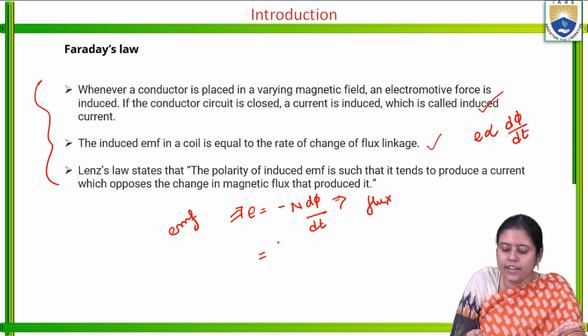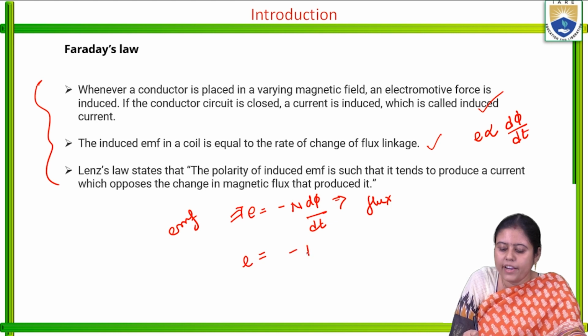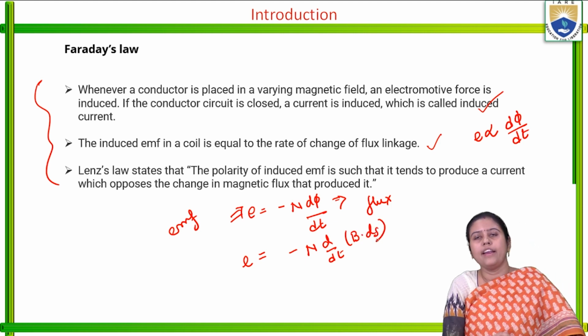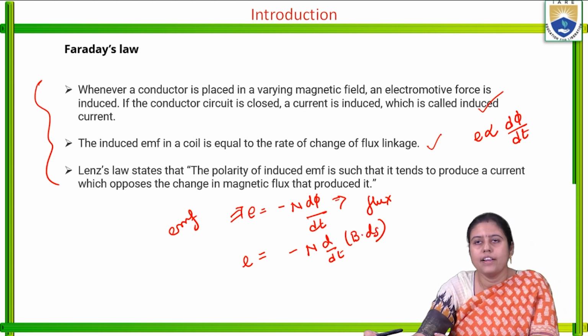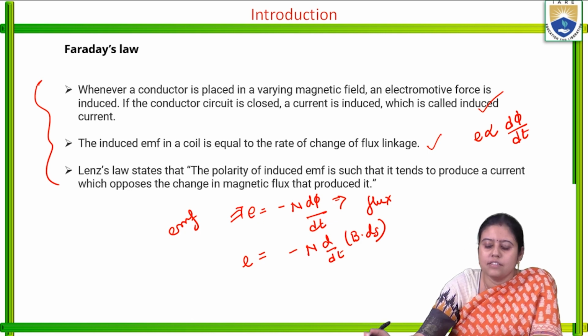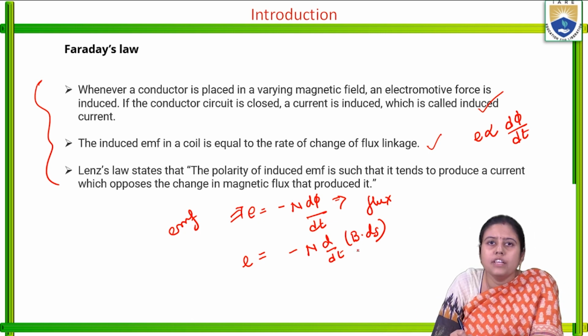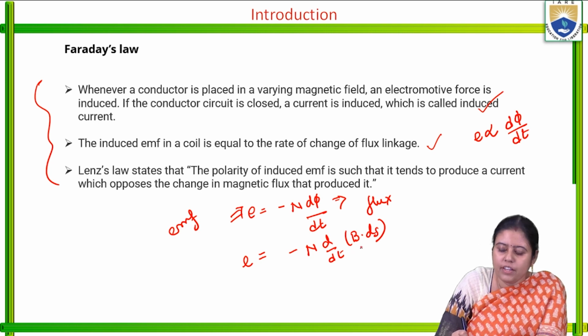So we can write E is equal to minus n d by dt of the integral of B dot dS. We can write E is equal to minus n B into dS, where dS is the surface area and B is the flux density.